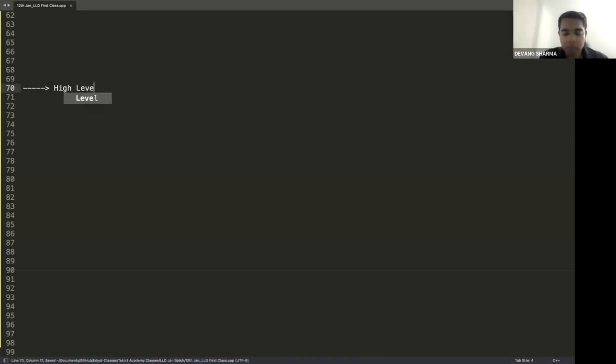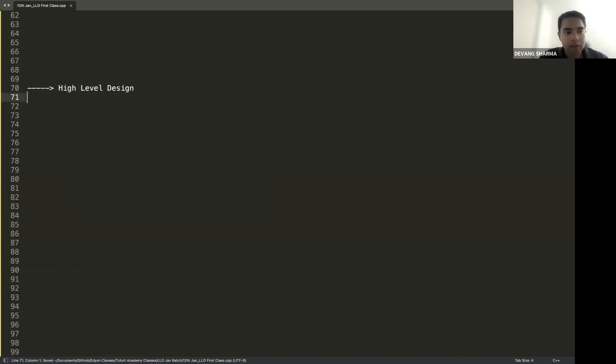Now coming to the high level design part. The first thing I want to clarify is the difference between high level design and low level design. You should know exactly what you have learned or are about to learn in high level design, and what you're going to learn in low level design. System design has two parts: one is called high level design, the other is called low level design.